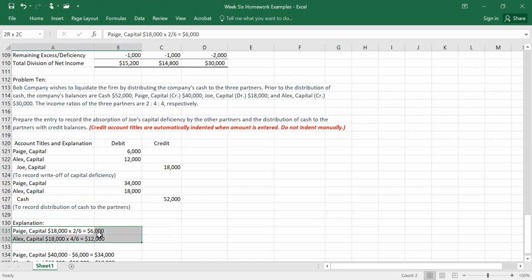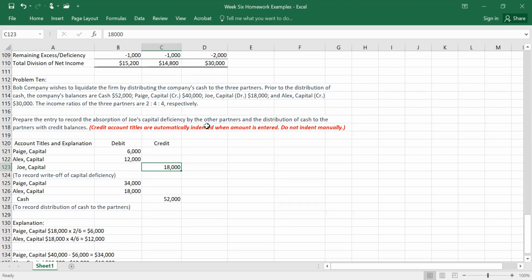So for the capital, 18,000 times 2/6 is 6,000. We will debit Paige's capital for 6,000. Alex's capital is 18,000 times 4/6, which is 12,000. We will debit Alex capital for the 12,000. And then we will credit Joe capital for 18,000. And that's to record the write-off of capital deficiency.